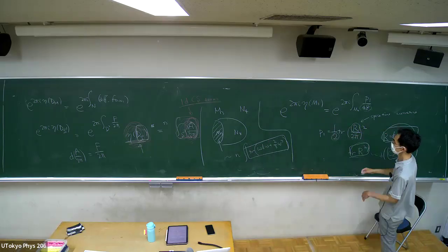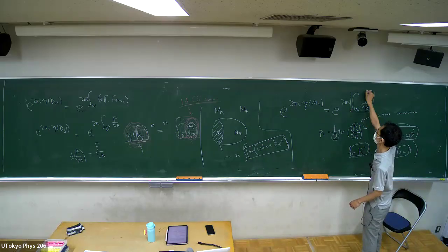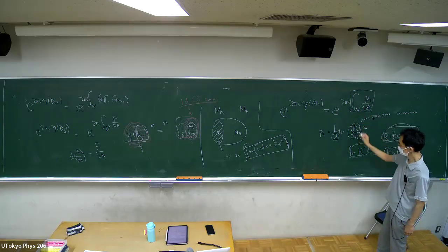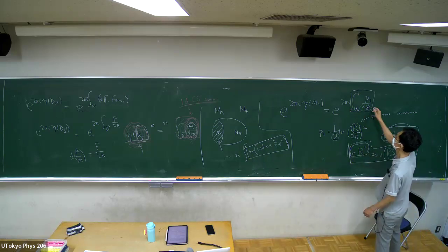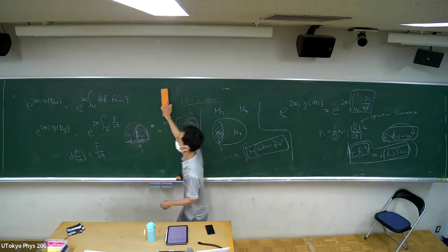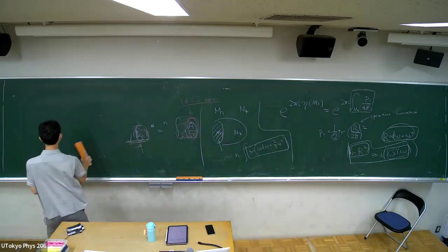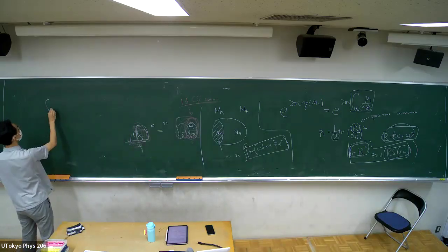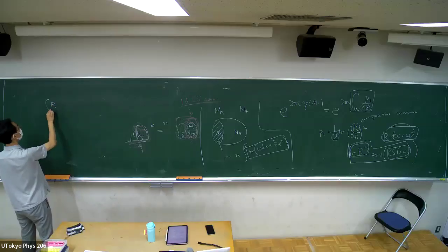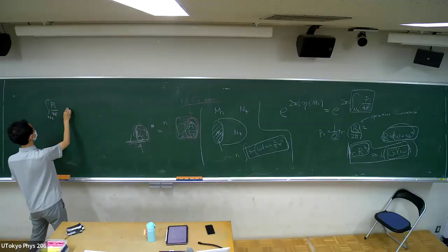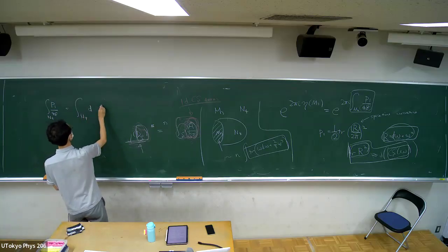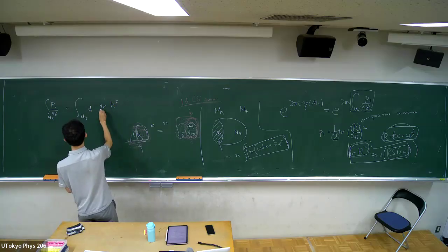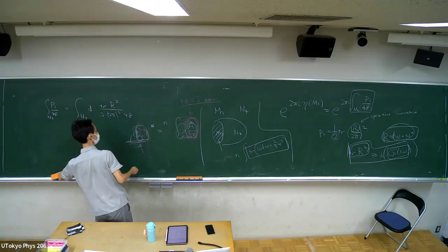So in the very rough sense, you can partially integrate this once by using this relation to rewrite P1 over 48 over N4 as the integral of N4 over d trace R squared over 2 pi squared and 48, I think.